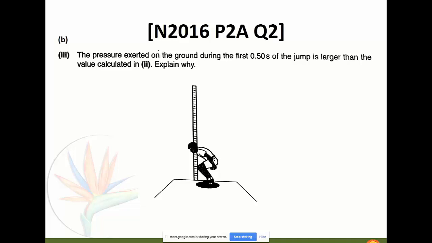Yes, I think you are right. The moment he left the floor, he's decelerating. But before he left the floor, actually he was accelerating. That was part one. They already told you. That's why I calculated the acceleration. So the question is not wrong, right? How much force does he need to accelerate?